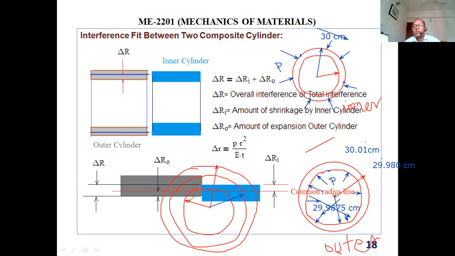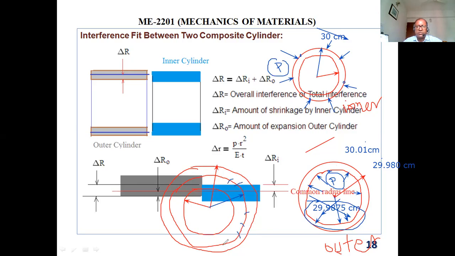So it depends on how tightly he is holding and the difference in the two muscles. That means it depends on the interference. This contact pressure will develop at the contact surface, right at this common radius.